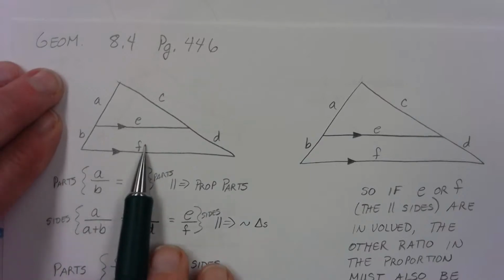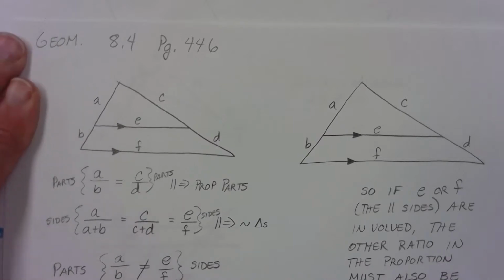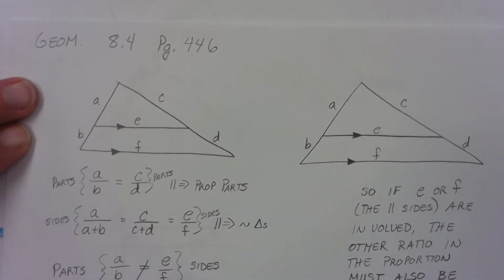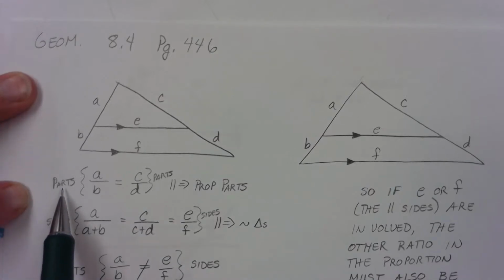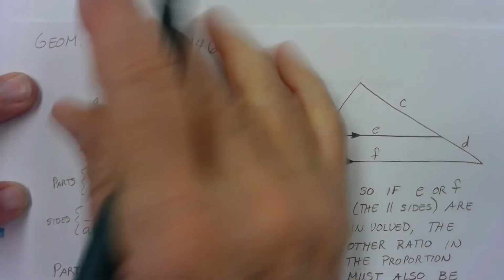The reason why I have these two drawn right next to each other is so that you can see how they are similar, but most importantly, how they are different. Now, I labeled these things parts. It depends on the context of your thinking.